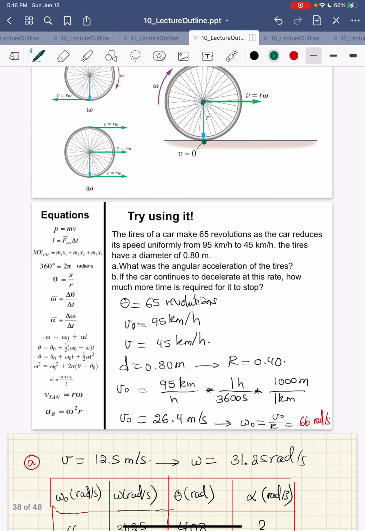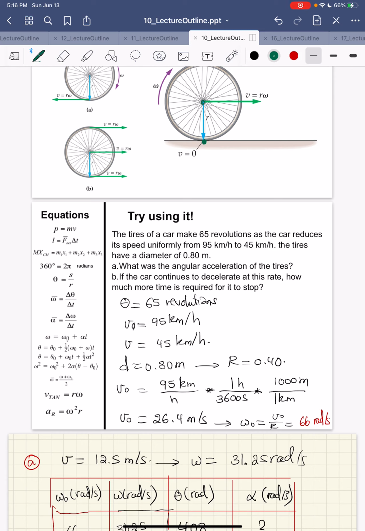Let's try solving this one here. The tires of a car make 65 revolutions as the car reduces its speed uniformly from 95 kilometers per hour to 45. The tires have a diameter of 0.8 meters. We are asking what was the angular acceleration of the tires, and if the car continues to decelerate at this rate, how much more time is required for it to stop.